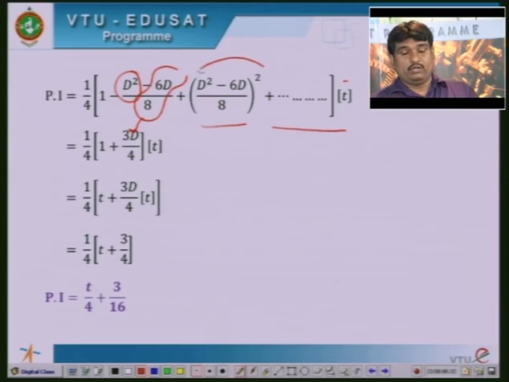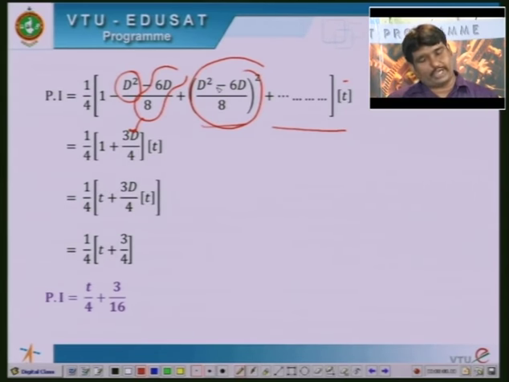Next, when you expand this, powers of D in all terms are more than or equal to 2. So second order derivative of t is 0. Same thing followed for other terms in the infinite series. So I have ignored all the terms excluding 1, which is 3D by 4. 1 plus 3D by 4 operated on t.